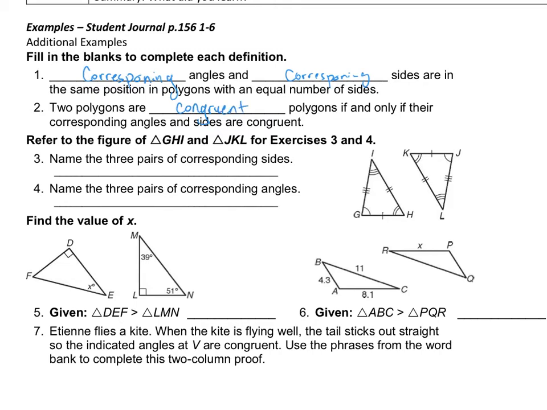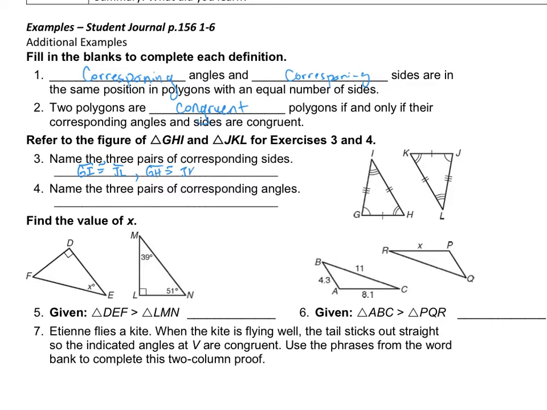Okay, next. Name the three pairs of corresponding sides. So if I say GI, this would be congruent to JL. And if I say GH, this would be congruent to JK.